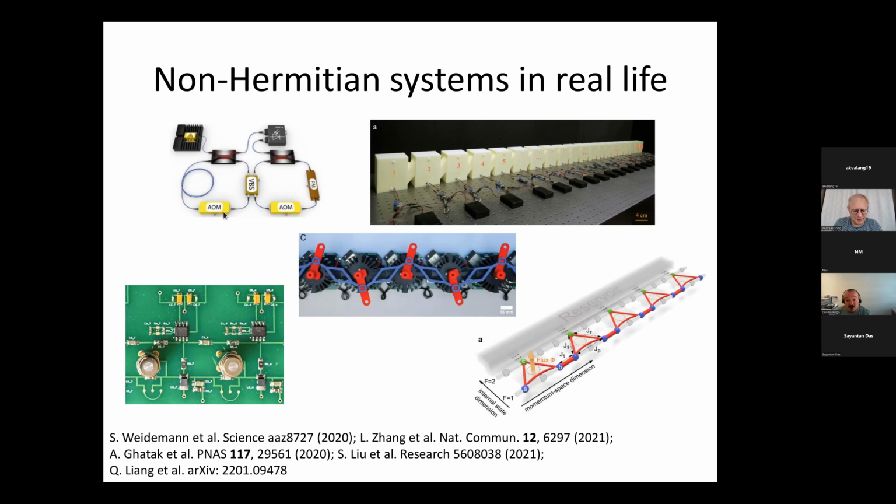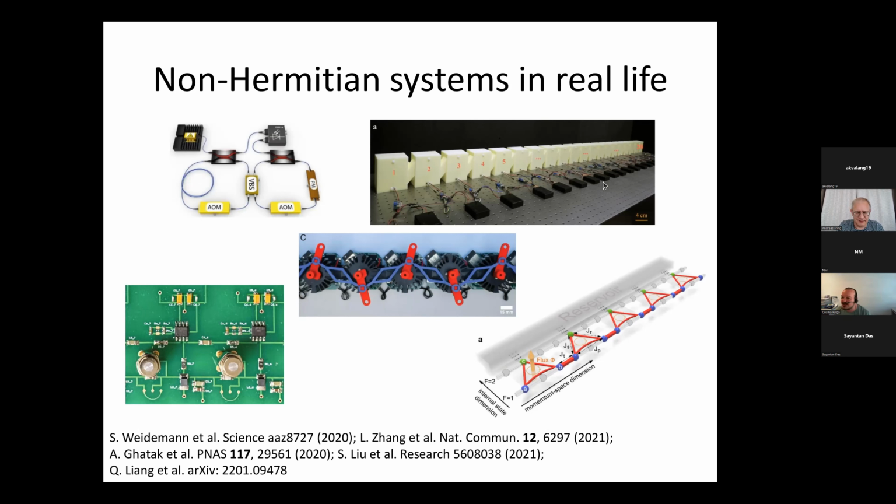These are some fiber optics cables, and the light goes around and around in these cables, and this mimics the evolution of quantum particles through a chain. And here the non-hermiticity is done by these acousto-optic modulators. These are devices that pump energy in and out of your fiber optics cable, so they can change the amplitude of the light going around in these cables.